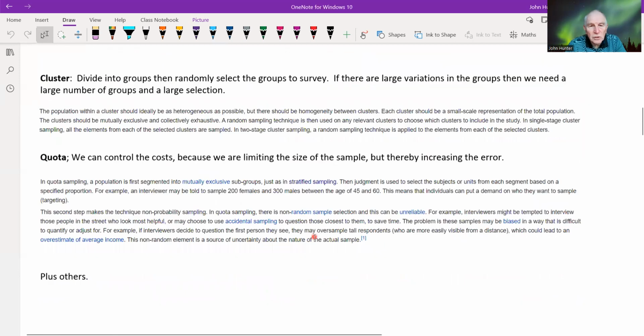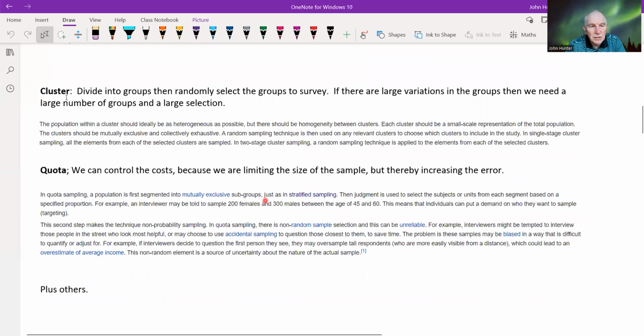So we've got cluster. That's quite imaginative. So divide into groups, then randomly select which group we're going to survey. So going back to the voting patterns and towns, we might say there's a country with 100 towns in it.